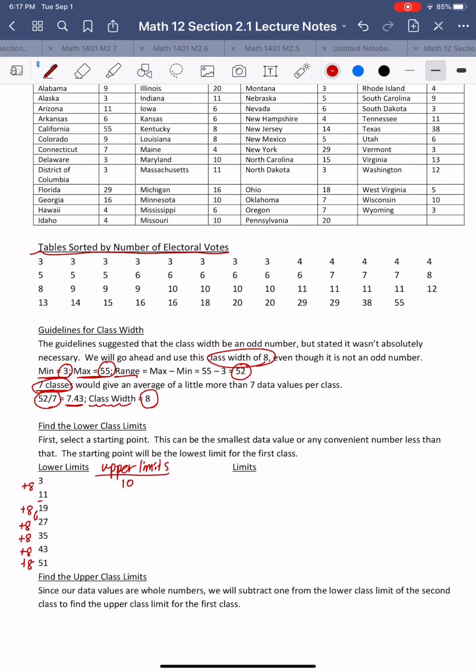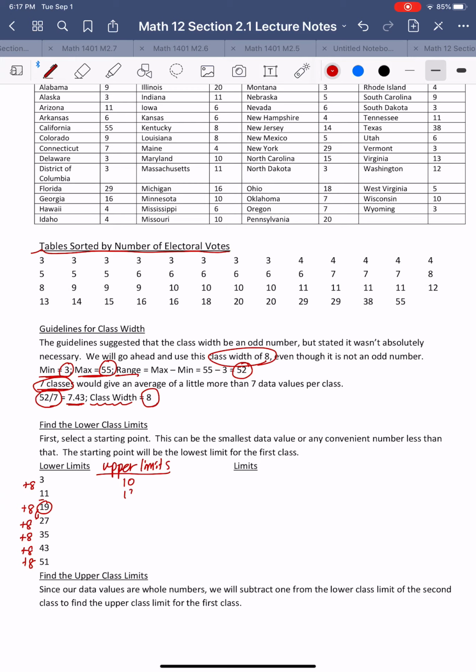So 3 to 10, then 19 gives 18, 27 gives 26, 35 gives 34, 43 gives 42, 51 gives 50. The upper limit also has a class width of 8 because 10 plus 8 is 18, 18 plus 8 is 26, 26 plus 8 is 34, see? So you keep adding 8 and you get 58. And that's what you have for the classes, okay?